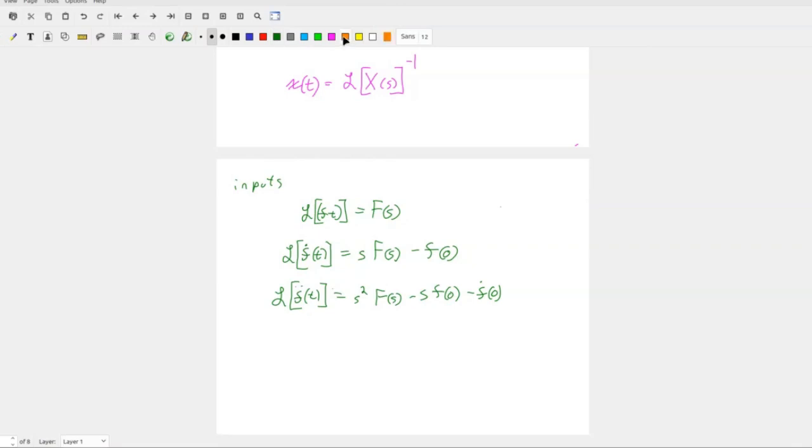All right, and then let's do orange. Our outputs. Our Laplace of x of t, that's a lowercase x, is equal to capital X of s.